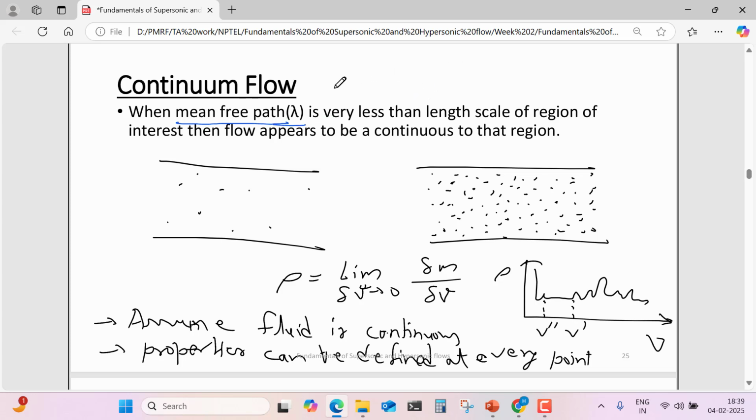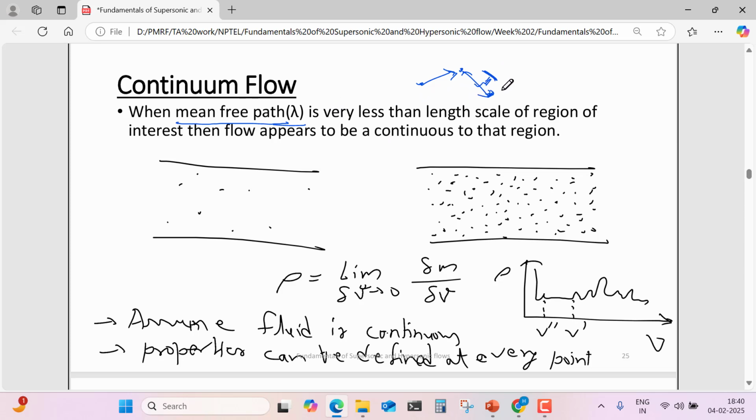Mean free path is the distance between two consecutive collisions of the molecule. Let's say there is one molecule, it is moving randomly, and there will be collision with other molecule. Then between two collisions, let's say it collided here, then it will go here, then it collided another molecule. Then the distance between two consecutive collisions is called the mean free path.